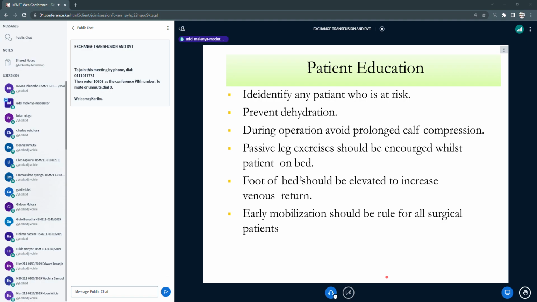Examples include rivaroxaban, which in an acute situation is normally given as 20 milligrams twice per day for about 3 to 5 days. Then you can reduce the dose to about 15 milligrams once per day for about 3 months and review the patient.